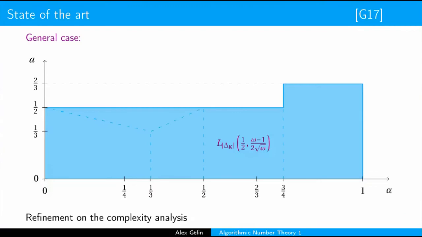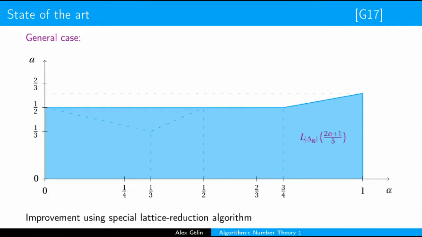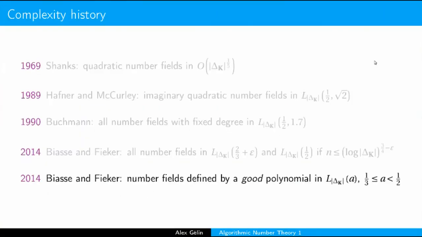During my PhD, I just refined the second constant, and because of the classification, we were able to get something linear for the complexity that is most common, and just a small refinement in the very large degree case.